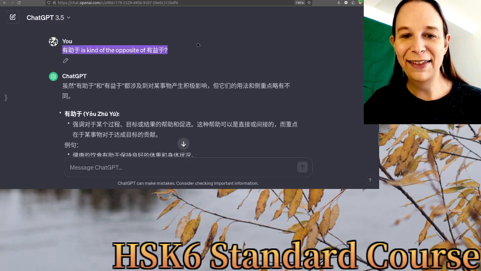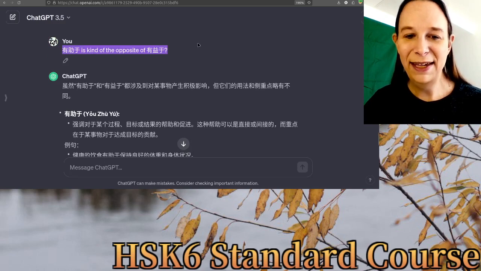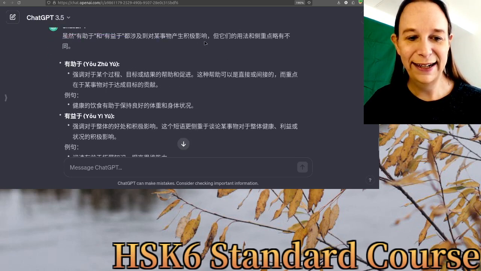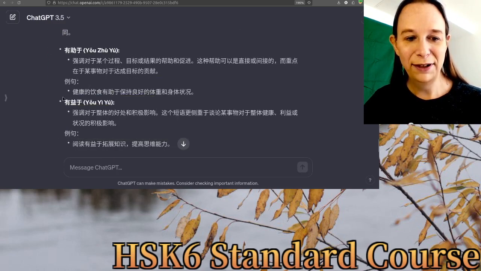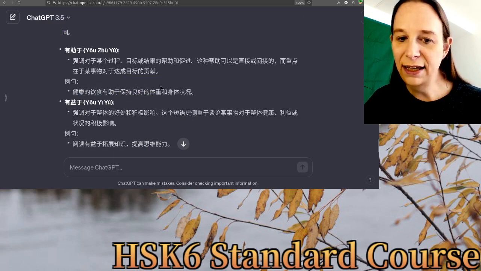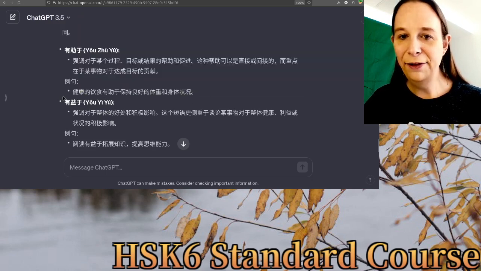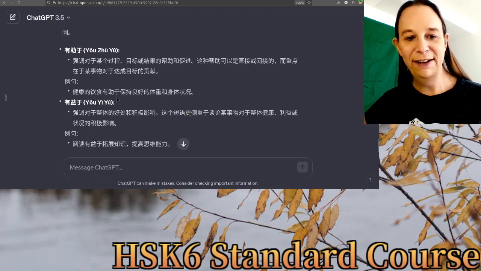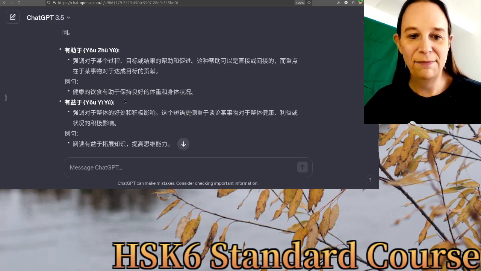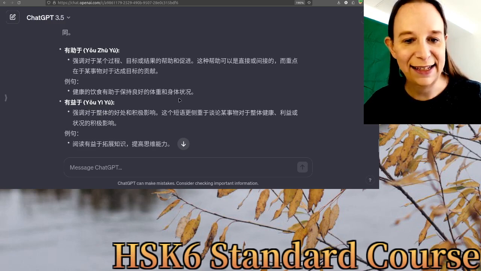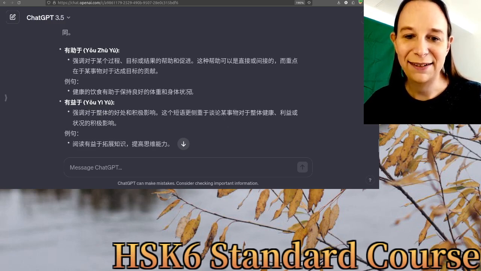Yeah, it's rather than A does not benefit from B, which would be the more literal opposite, I guess. 有助于健康的饮食有助于保持良好的体重和身体状况. Yeah, so okay, and a healthy diet benefits maintaining a healthy weight and body state.